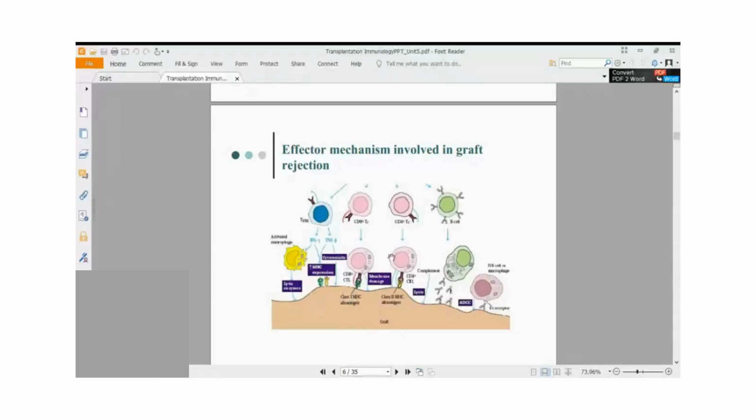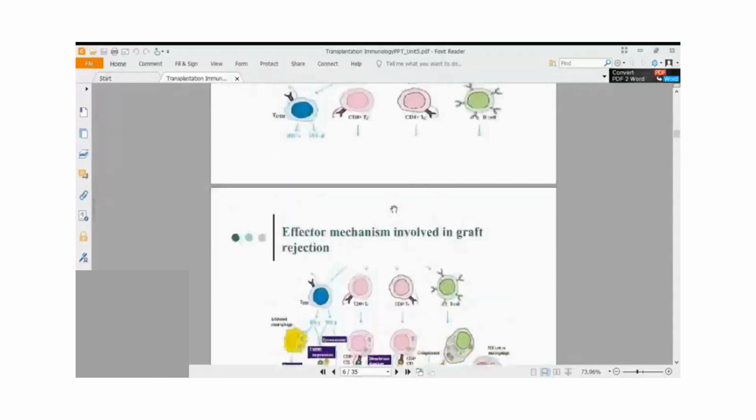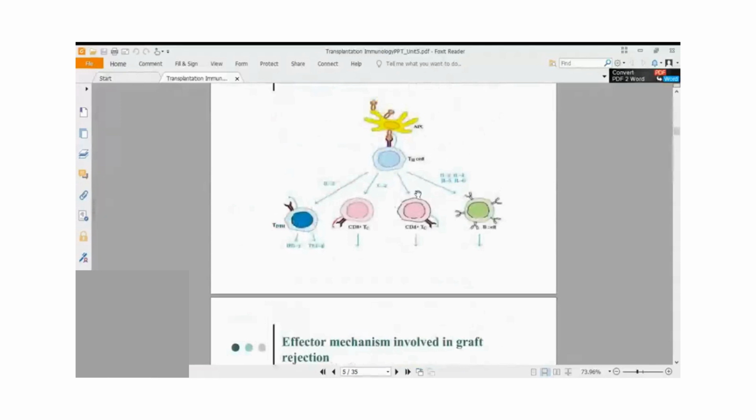At the same time, the CD4 T cells which were activated are undergoing clonal proliferation, and some of them have already become memory cells. And those TH2 T cells will be producing excess amounts of cytokines which activate the B lymphocytes, and the B lymphocytes will now start producing antibodies against the antigens sampled from the donor's tissue.